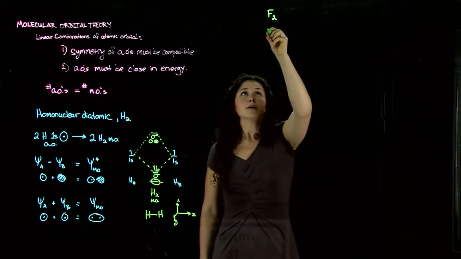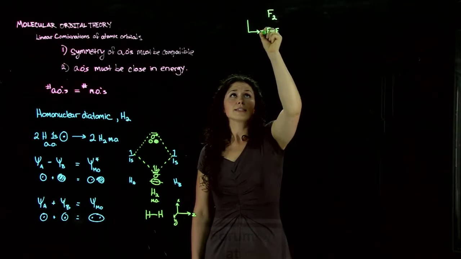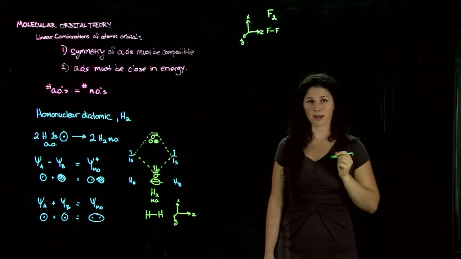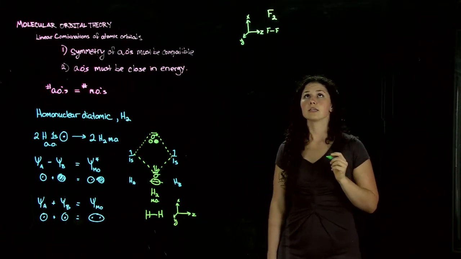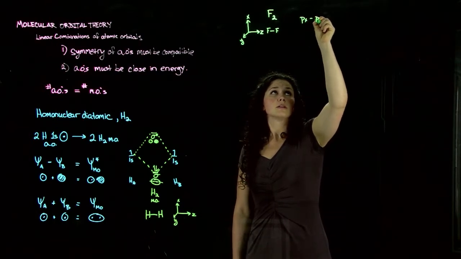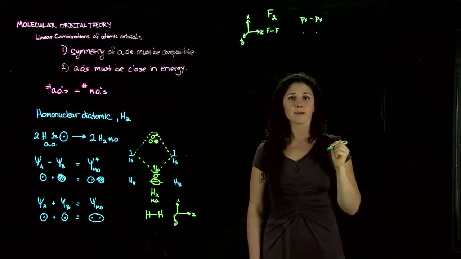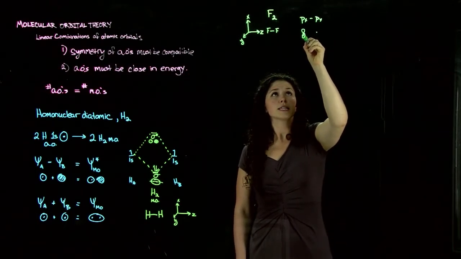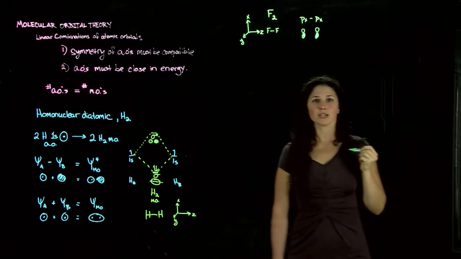So if I draw my fluorine molecule like this, and I define the internuclear axis as my z-axis, it really doesn't matter which way I define the other two axes. But I'm going to define the fluorine internuclear axis as the z-axis. And now I'm going to look at the two different px orbitals on the fluorines. If these are the two nuclei of my fluorine, and this is going to be a bond, the px on the first fluorine would look like this, and the px on the second fluorine would look like that.